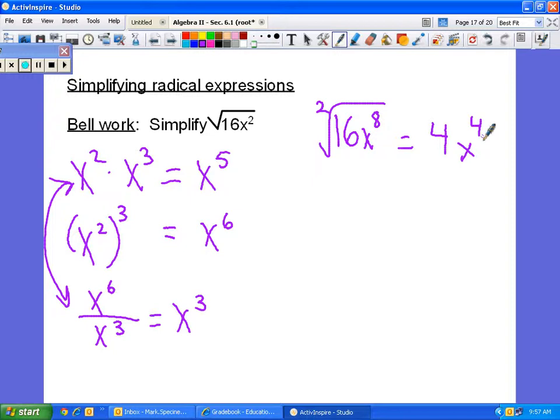I'm going to get a positive number. So since there's no way for me to get a negative answer here, I don't need the absolute value. The only time I need absolute value is if my answer could be negative.